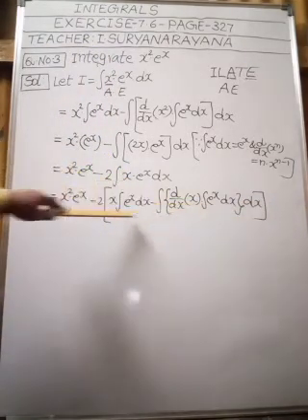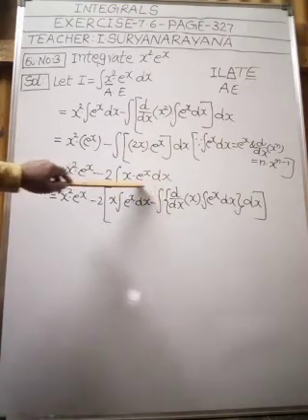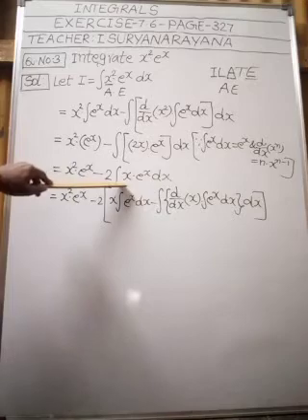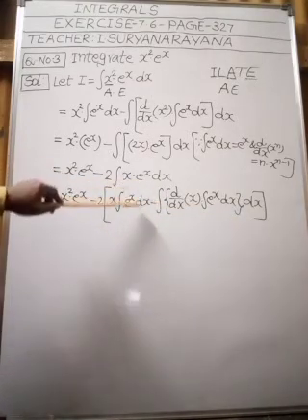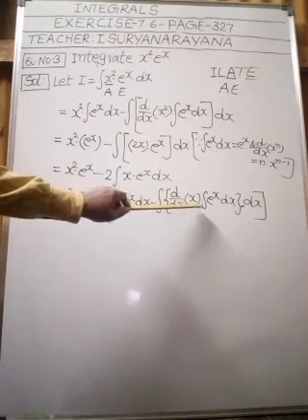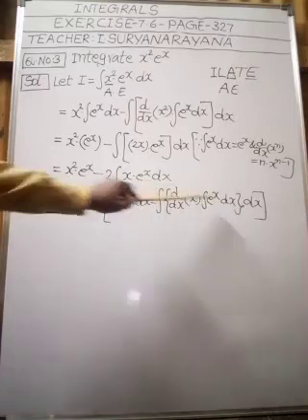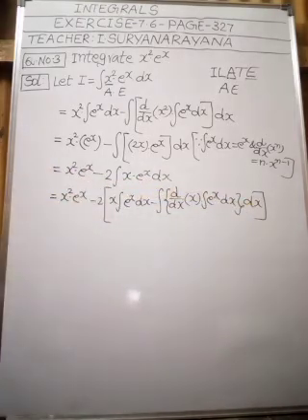Understood this step, my children? Again we applied integration by parts method to evaluate this integral. First function into integral of second function minus integral of d by dx of first function into integral second function whole dx. Okay, my children, understood this part? Right.